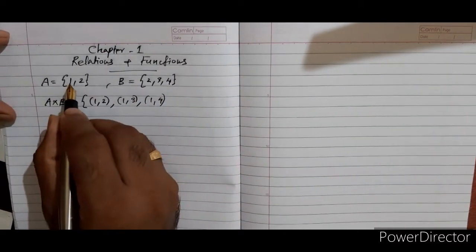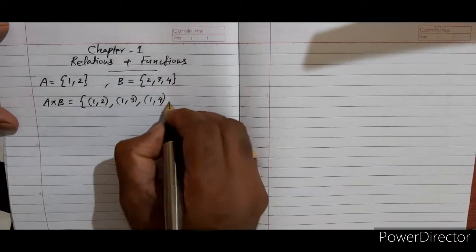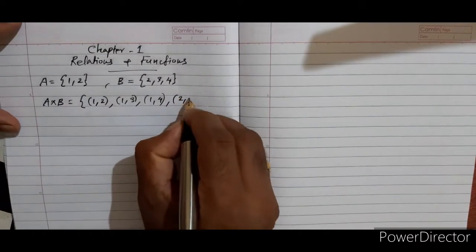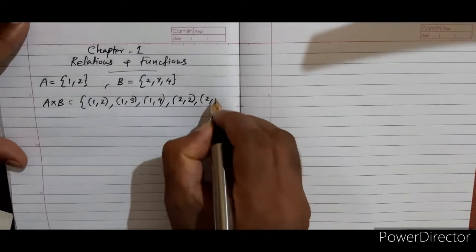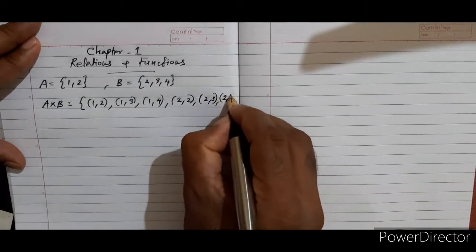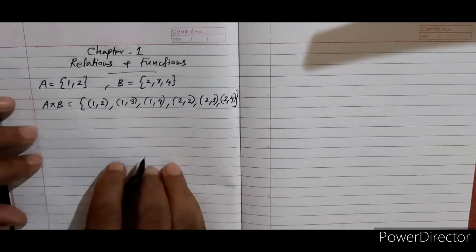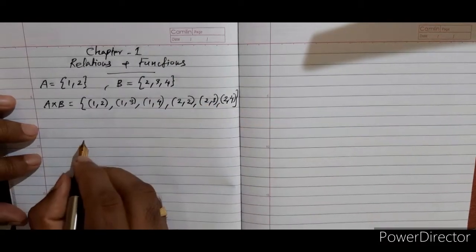I am fixing this one and forming ordered pairs by using the elements of B. Now take the second element of A, that is 2, then form ordered pairs (2, 2), (2, 3), (2, 4). Then close the set. So total 1, 2, 3, 4, 5, 6 elements are there.